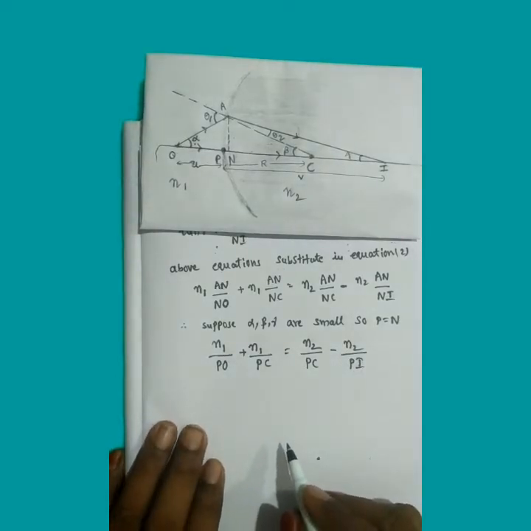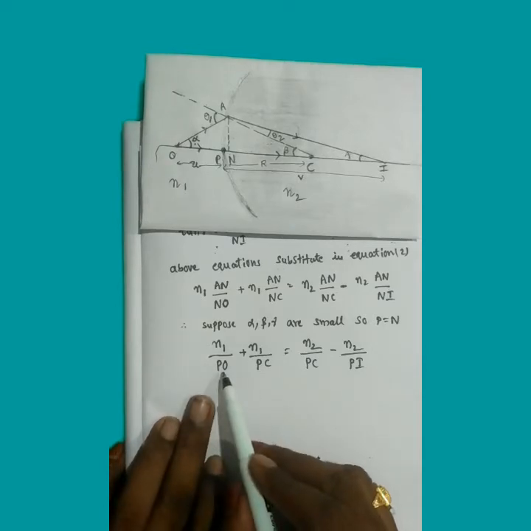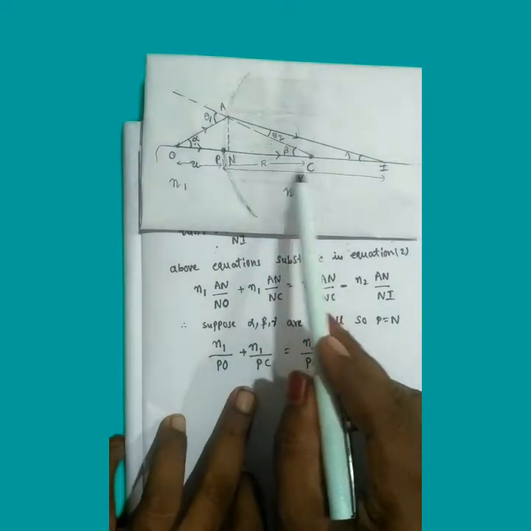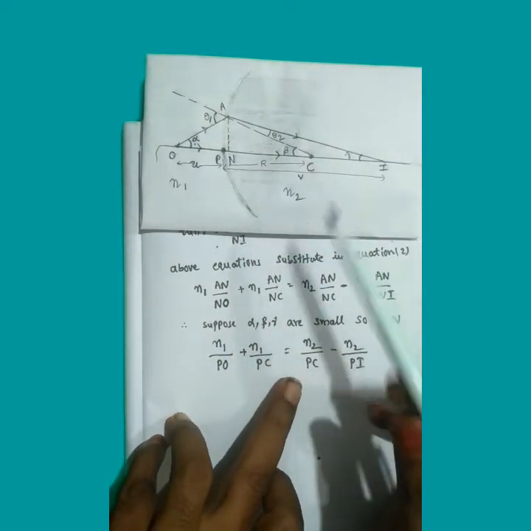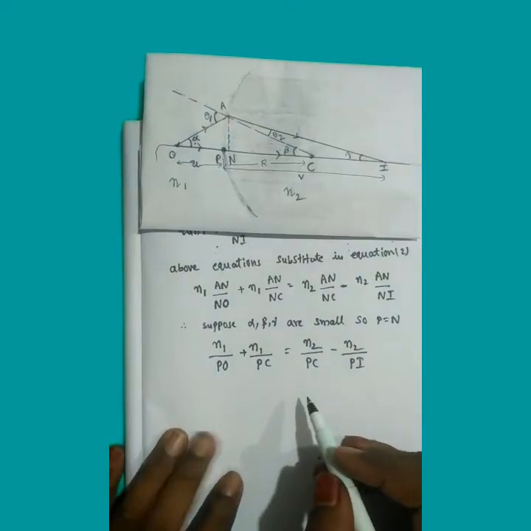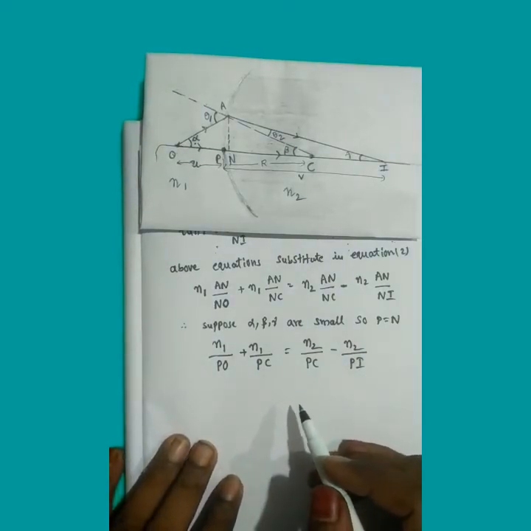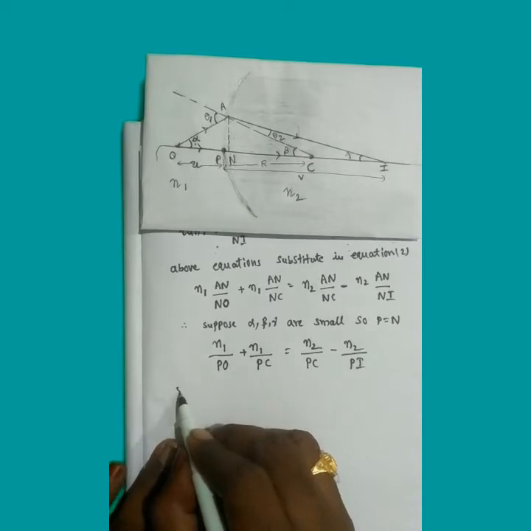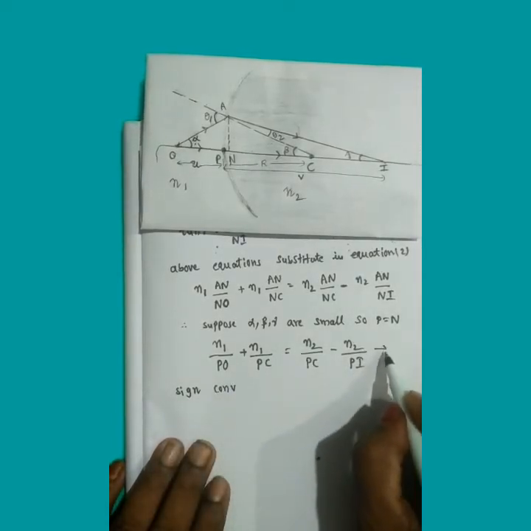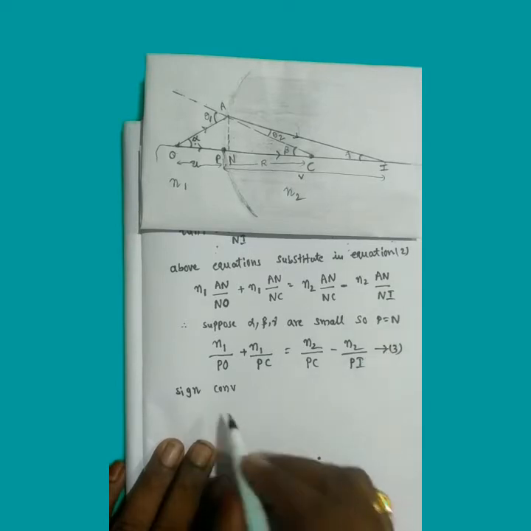We know the values of PO, PI, and PC, that is R. While we are substituting, the sign convention is important. This equation I am calling equation 3.